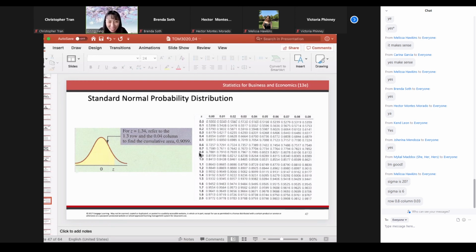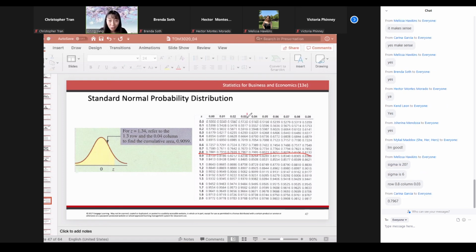We are looking at row 0.8 because that's the first decimal place, and the column 0.03. Karina, you also got it. The intersection of row 0.8 and column 0.03. It's just a lookup, we look up the probability, right?